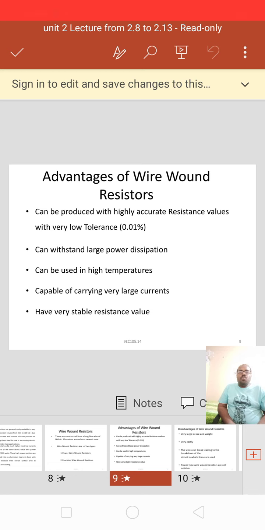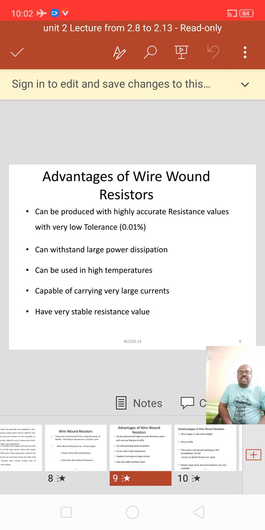Now we learn about the advantages of wire wound resistors. It can be produced with highly accurate resistance values with a very low tolerance value of 0.01%.